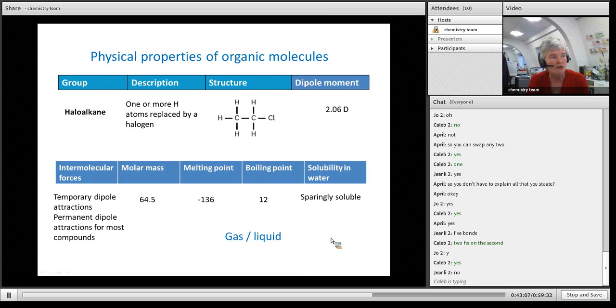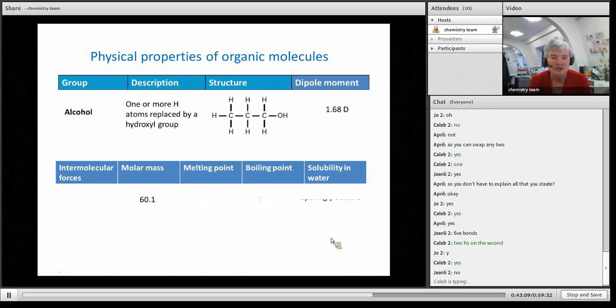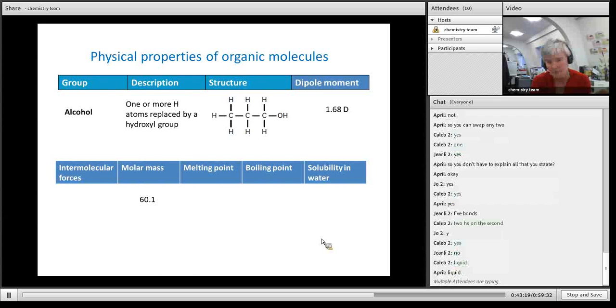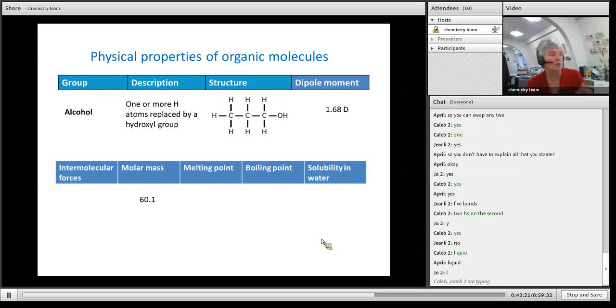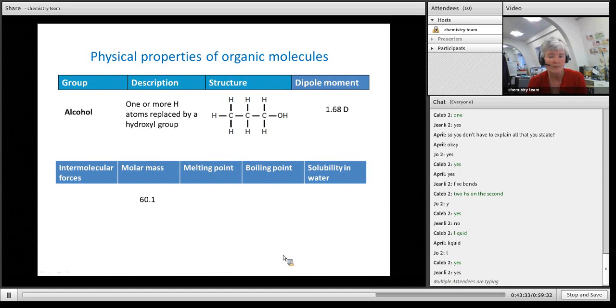Okay, alcohols. What can you tell me about alcohols? Would this one be a liquid or a gas? A liquid. Okay, and that's because we now have hydrogen bonding. So we've got a smaller dipole moment than the previous one, but we've now got the hydrogen bonding. And will it be soluble in water? Yep.